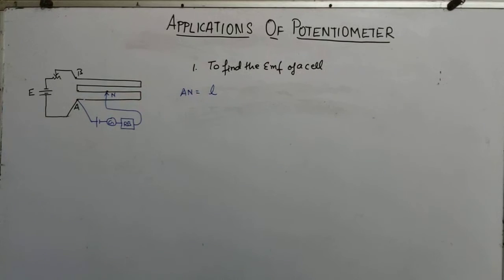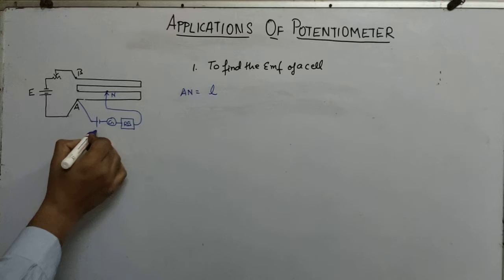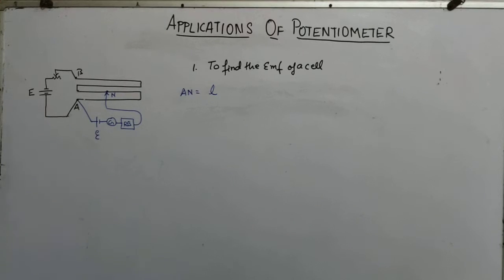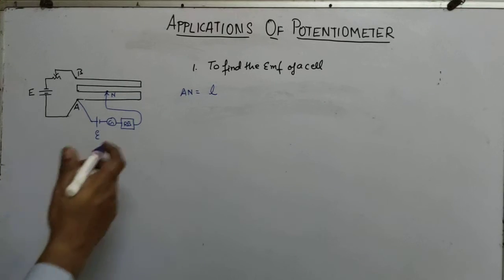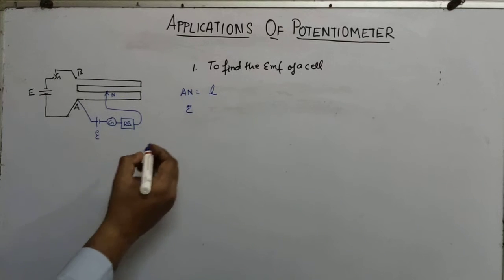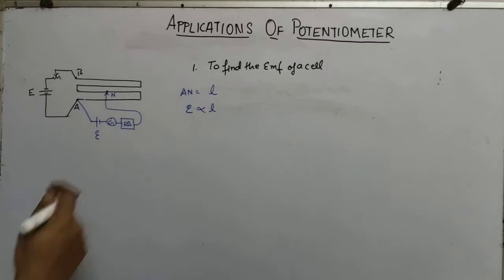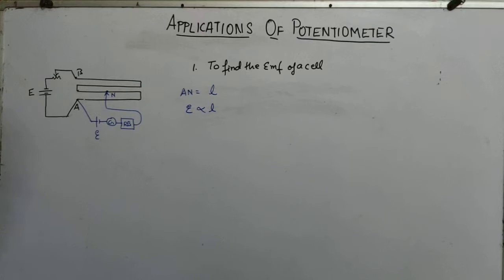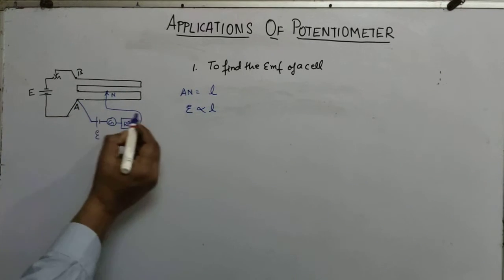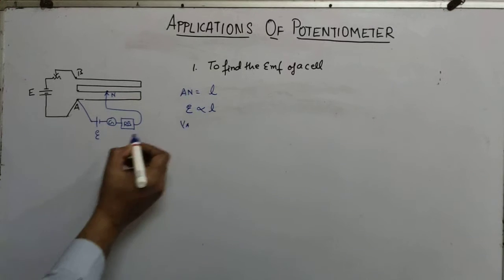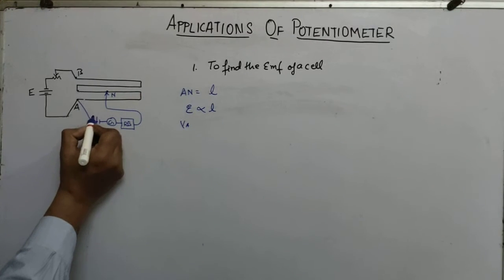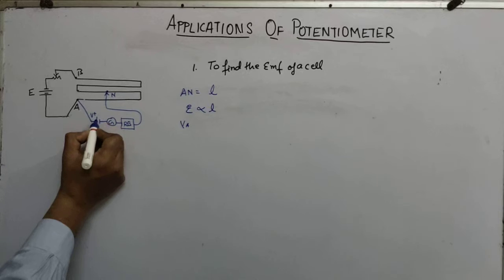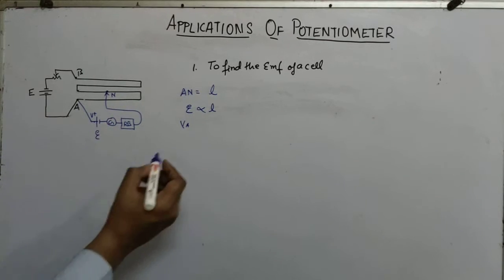say is L, then we can say that the EMF of this cell, say this is the EMF of the cell, small e, is directly proportional to L, length. Now see why we can say so. Say the potential of point A is VA, and the potential of the positive terminal of the battery is V plus.